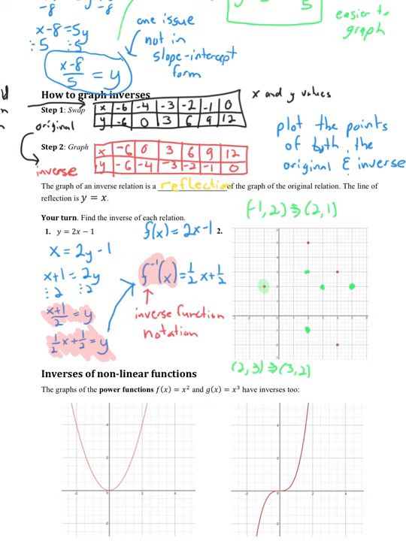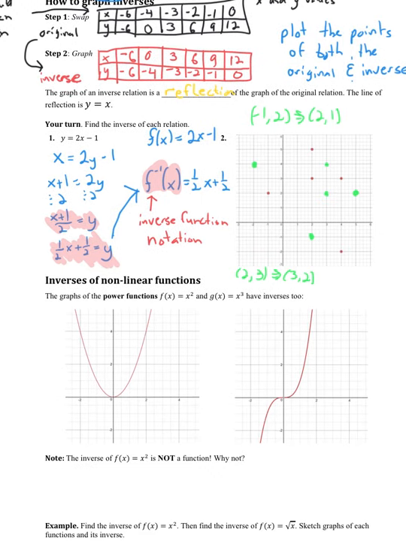Then we had 4, 3, which makes 3, 4. And finally 4, -2, which makes -2, 4. That's how we would put inverse points for all of these values. If you were just given a series of points on a graph, that's how you'd find inverses for them.